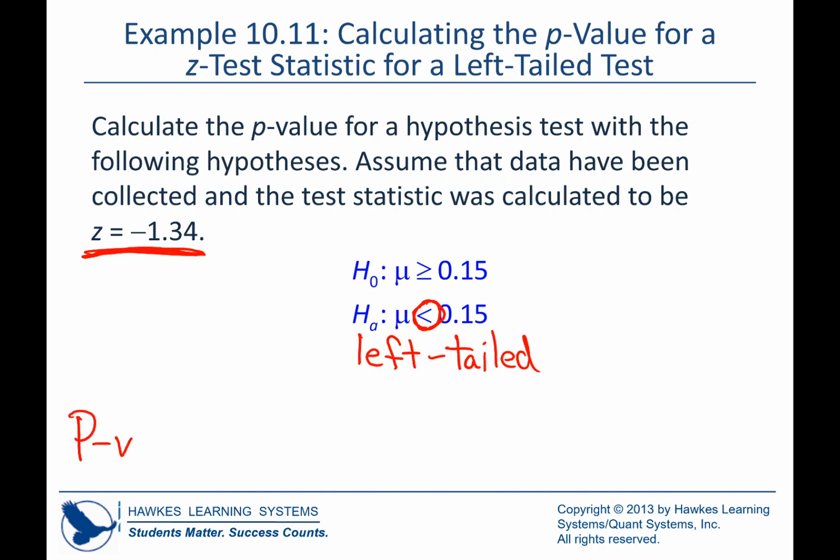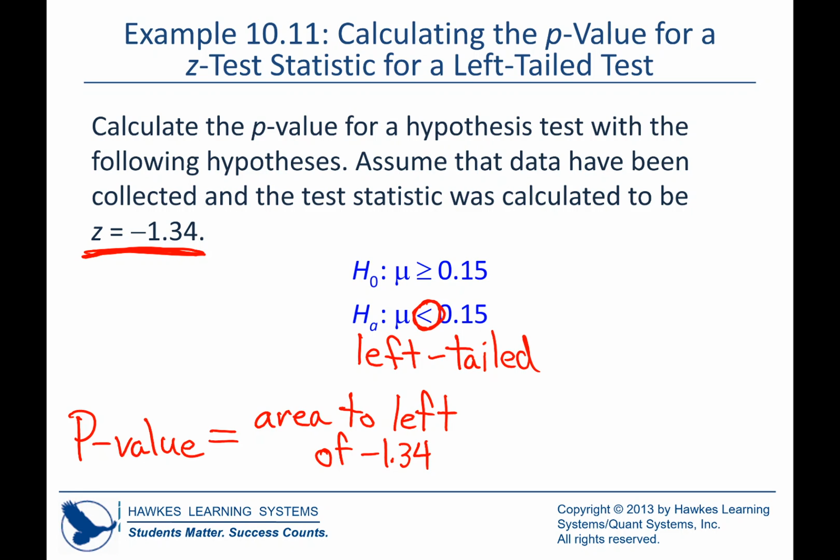So here, left-tailed means our p-value is going to be the area to the left of negative 1.34 on the z-table. So why did you make us look up all those areas in the z-table? This is one reason to find a p-value. If we want the area to the left of a z-value, we just look it up like it's written.